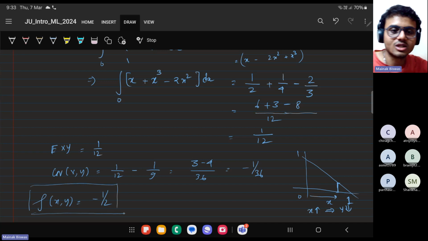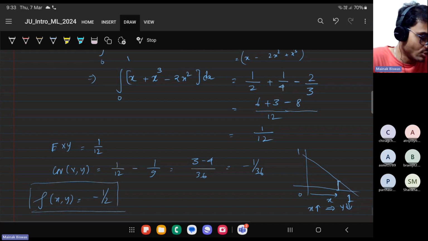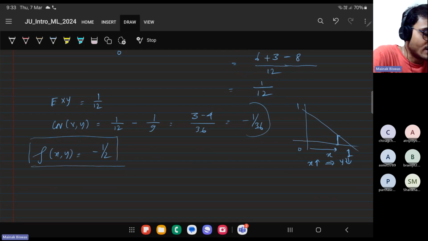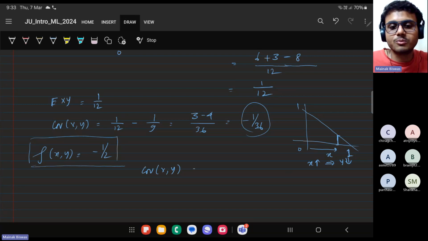I'll show you what the correlation is and an important property of correlation, but I'll not solve it for this. But I have done it already. Correlation is defined as the covariance, again, what is the issue with covariance? It has a unit, right? If it is centimeter, you will have centimeter square.